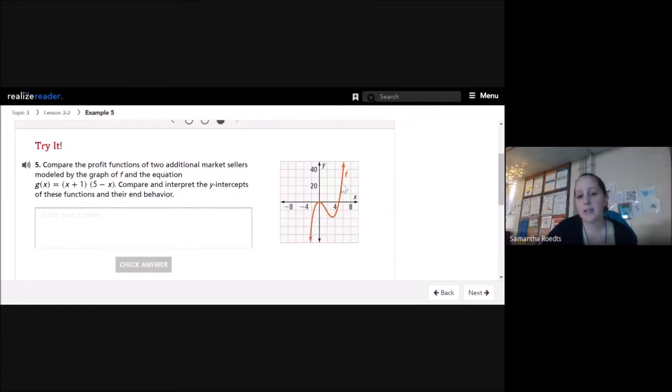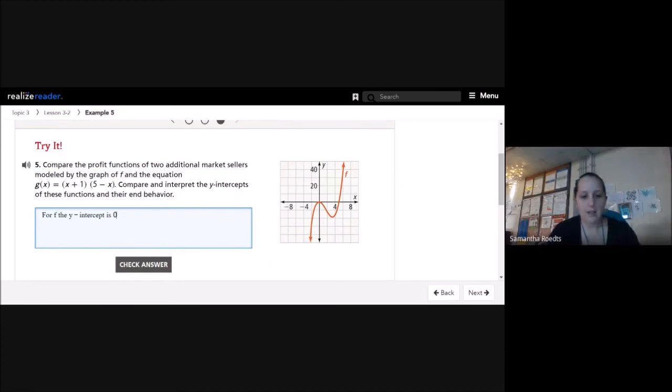So looking at this, the y-intercept is 0 for F. The y-intercept is 0.